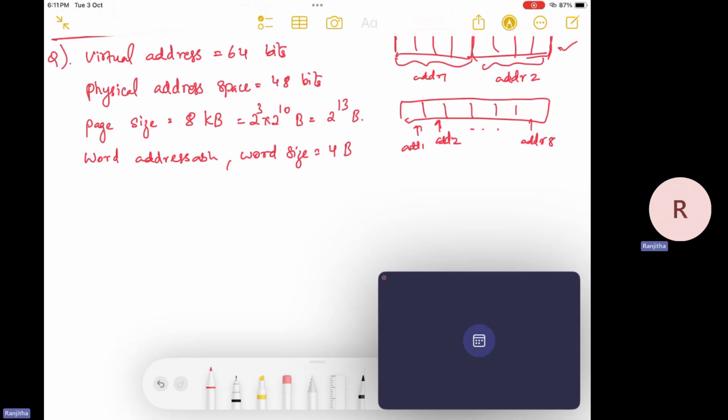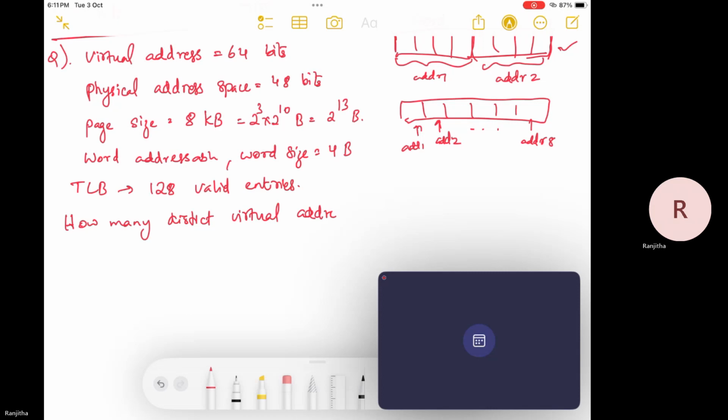So it is told that the TLB can have 128 valid entries. Using these 128 valid entries, how many virtual addresses can be translated? Let's see here.